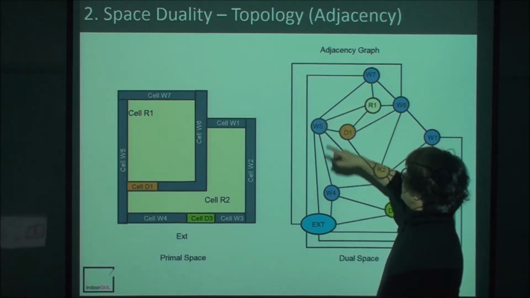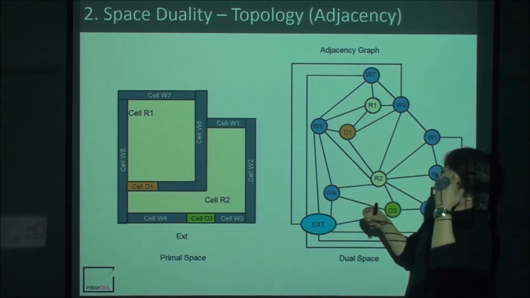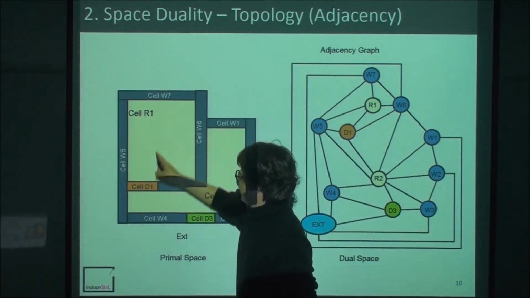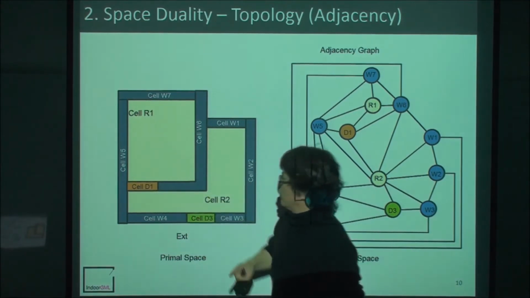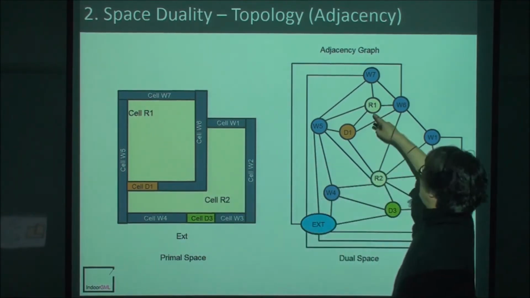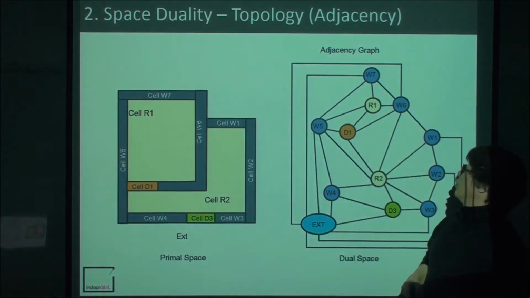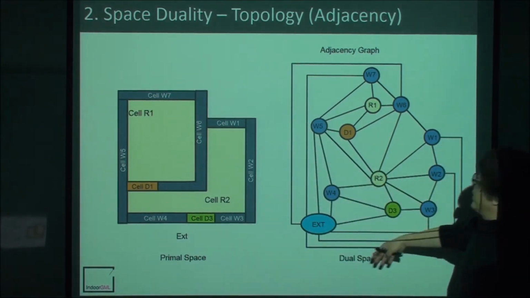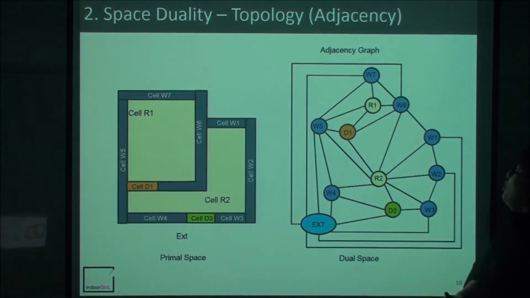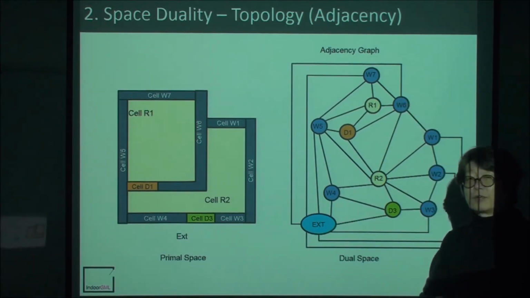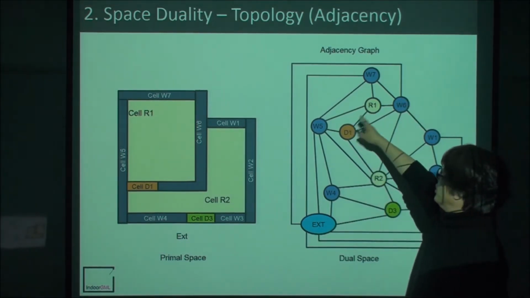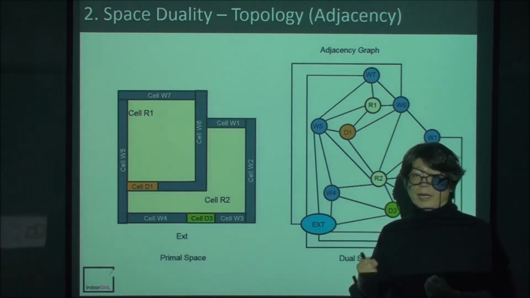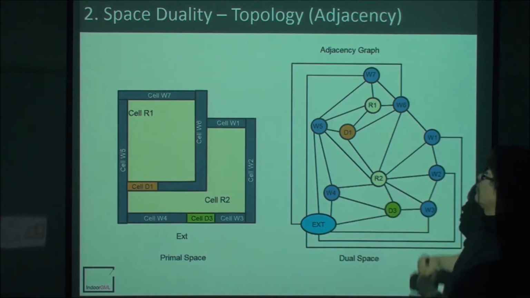And the edge in this graph explains the adjacency relationship. For example, R1 is adjacent with the cell D1. So we have an edge connecting R1 and D1 and so on. So for this space, we can construct a graph. We call it an adjacency graph because the edges of this graph explain the adjacency topological relationship. So this is the main idea.